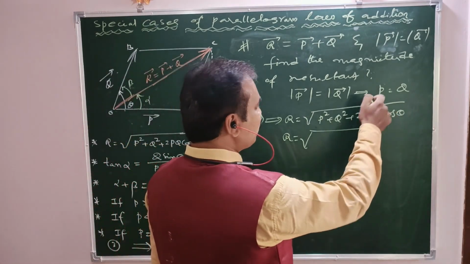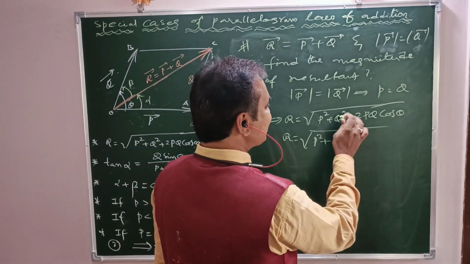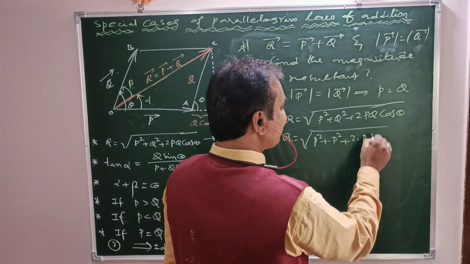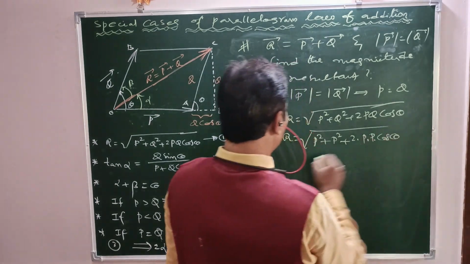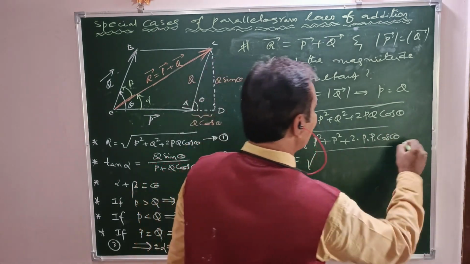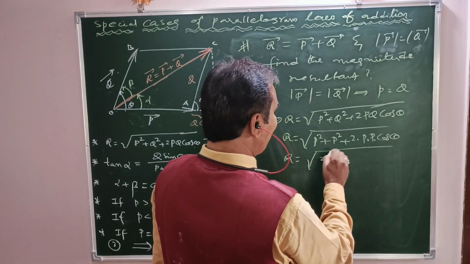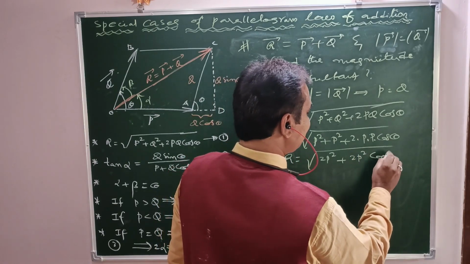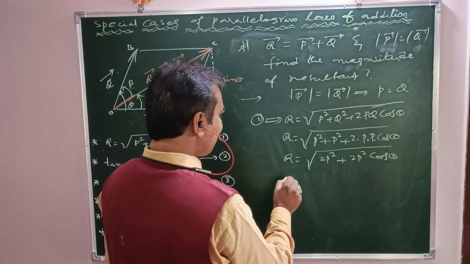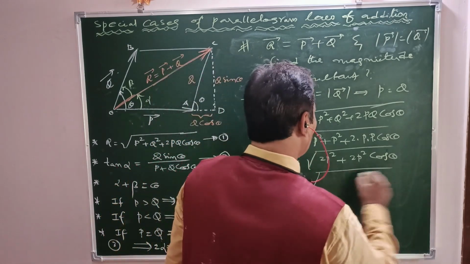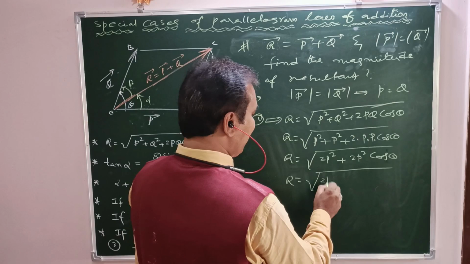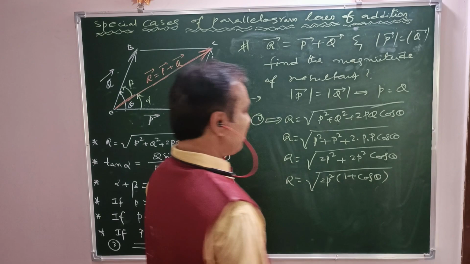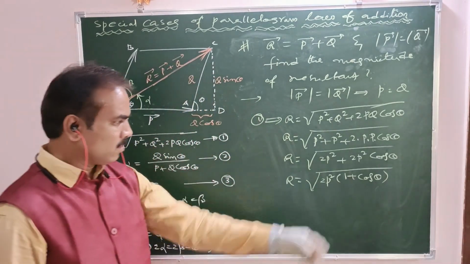I am replacing Q with P, that is P square plus P square plus 2 into P into P cos theta. That is R equal to square root of 2P square plus 2P square cos theta. Here 2P square is kept common, that is 2P square into 1 plus cos theta. 1 plus cos theta is 2 cos square theta by 2.